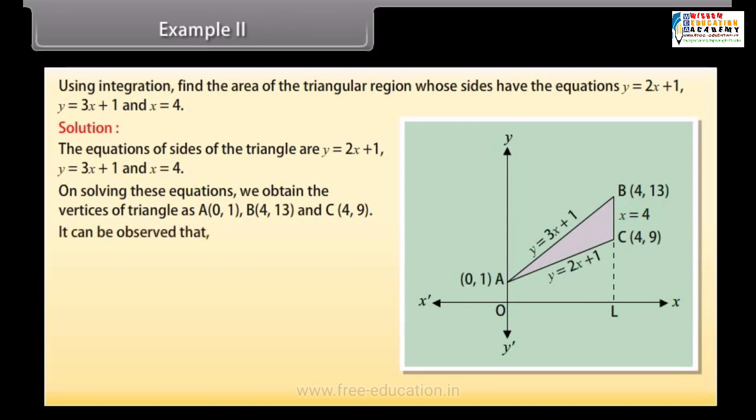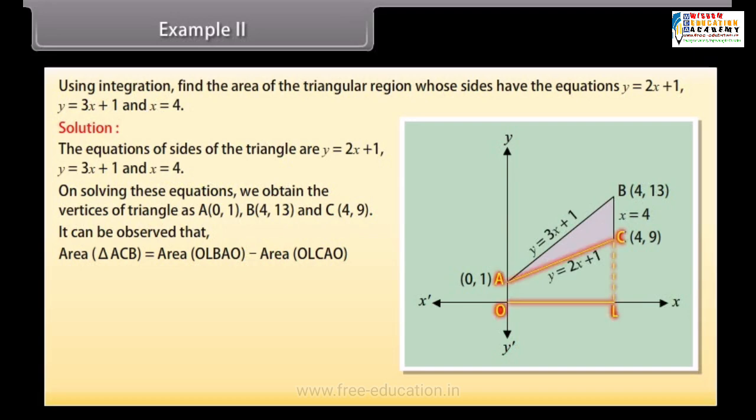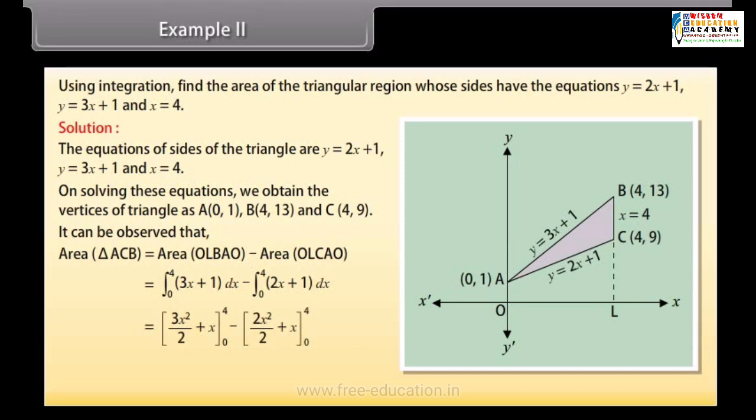It can be observed that area of triangle ACB equals area of OLBAO minus area of OLCAO, which is integral from 0 to 4 of 3x plus 1 with respect to x minus integral from 0 to 4 of 2x plus 1 with respect to x. By solving we get area of triangle ACB equals 8 square units.